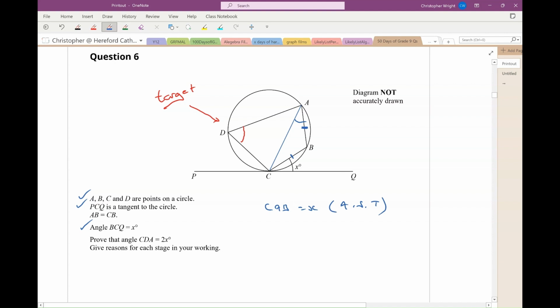And now, therefore, this angle here is also going to be x, because that's an isosceles triangle. So ACB equals x because ABC is isosceles. So that means that this angle here, ABC, is going to be 180 minus 2x, isn't it?